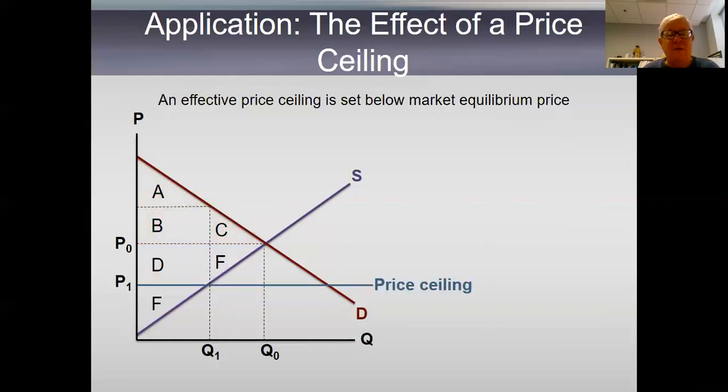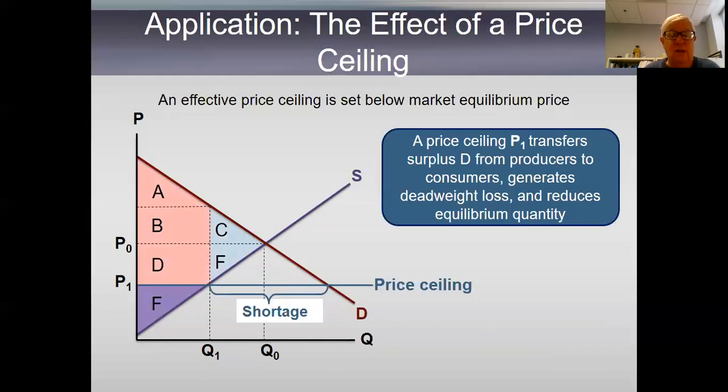Now, we did have a producer surplus that was D, E, and F, and pardon me, guys, I just now noticed that they've got section E actually labeled F, so that section that is to the right of section D should be an E. So the price ceiling effectively transfers surplus from the producers to the consumers, and something like this. C and E, what should be E, is the lost surplus.